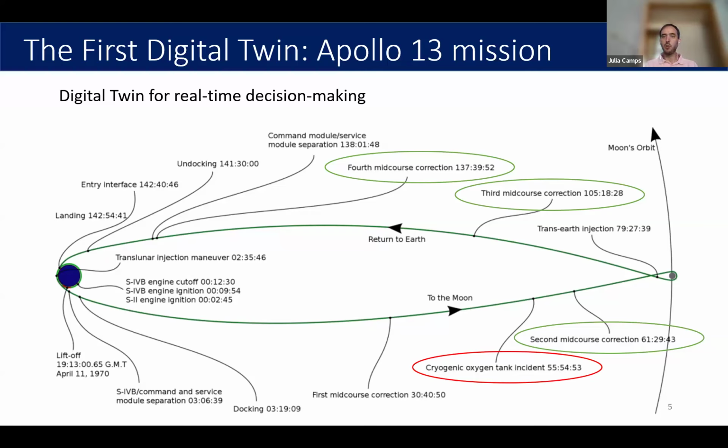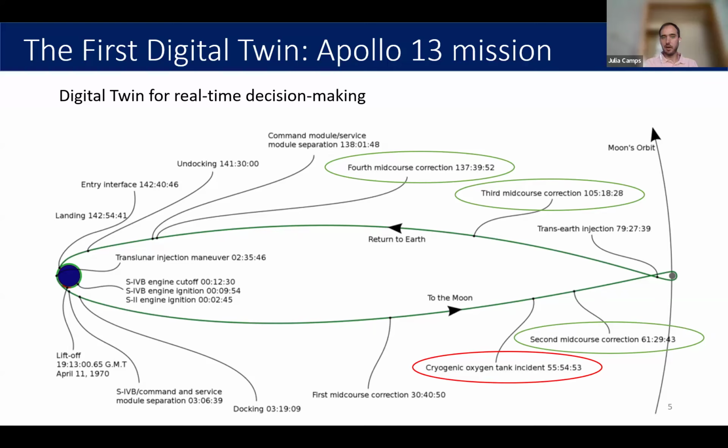Okay, so what does this make? Why is this then a digital twin, right? What did it make this instance different than previous ones? And the fact is that there is just no possible doubt that this was a digital twin, because it had all the different aspects that a digital twin will have.